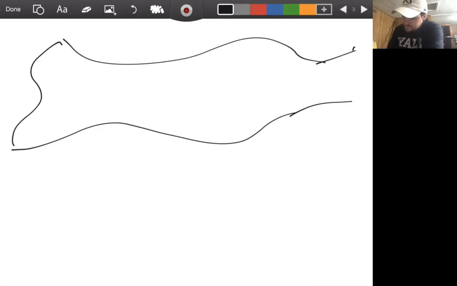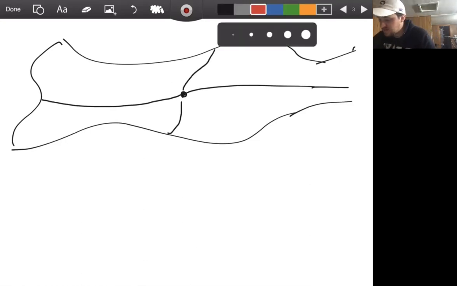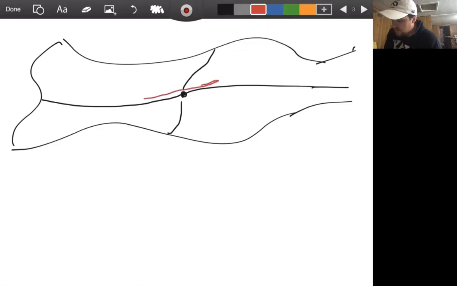And so we're looking at a point, and then we're going to see how the surface is changing in the x direction, at a fixed y value, and how the surface is changing in the y direction with a fixed x value, right? And we said, okay, well, we'll take the slope of the tangent line to the curve when we fix y, and this was the partial derivative with respect to x.